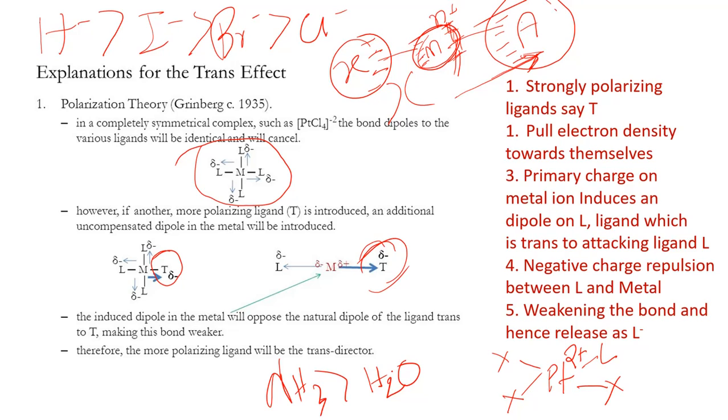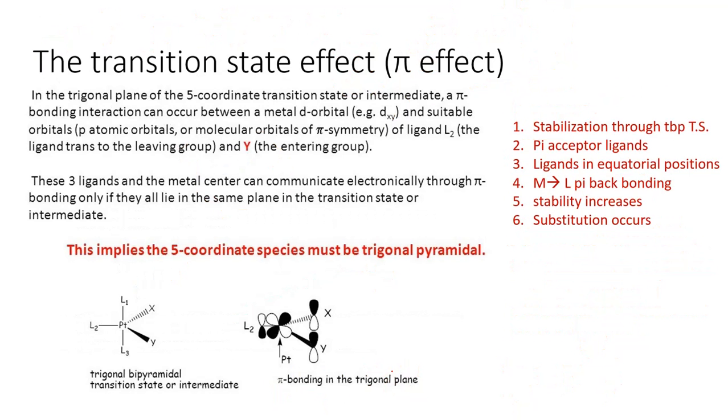Okay, so we are moving to our next theory, that is basically the transition state effect, or you can say the pi effect. Whenever you are considering the transition state effect, it is basically the pi effect, meaning the sigma effect is not being considered here.